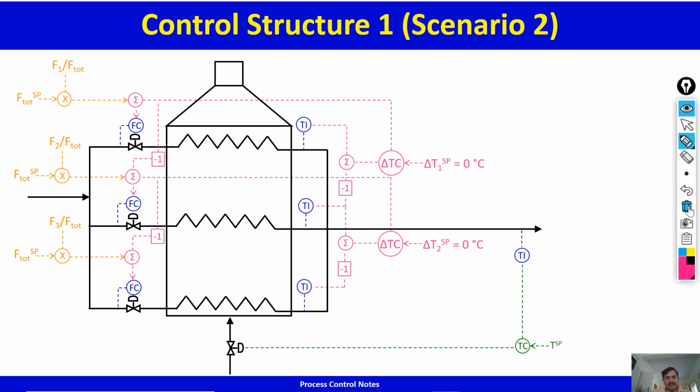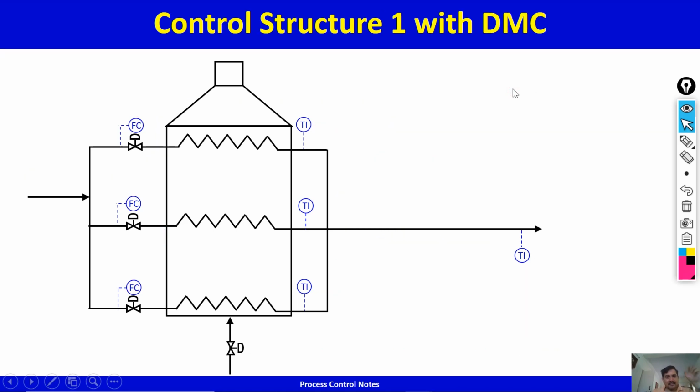So this is the decentralized control system. However, what we can do, realizing that it's a multivariable system with similar time constants of the interacting transfer functions, what we can do is the heat balancer, which is the magenta curves in these pictures, instead of being a decentralized delta T1 delta T2 controller, can be made a multivariable dynamic matrix controller.